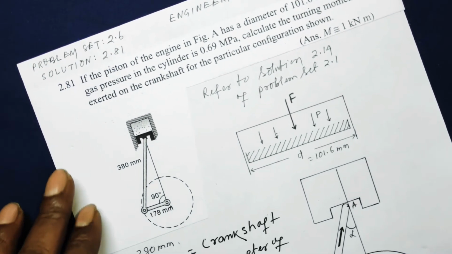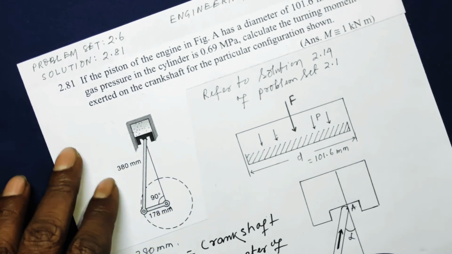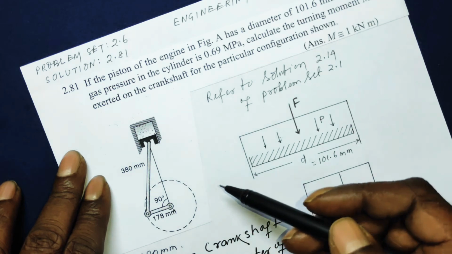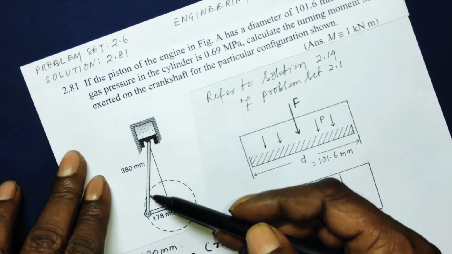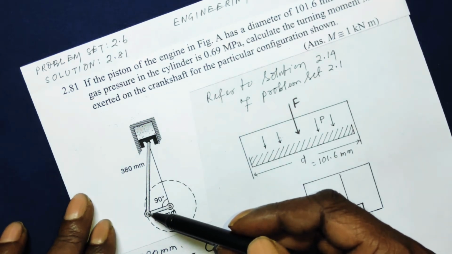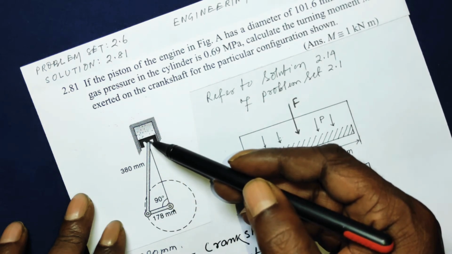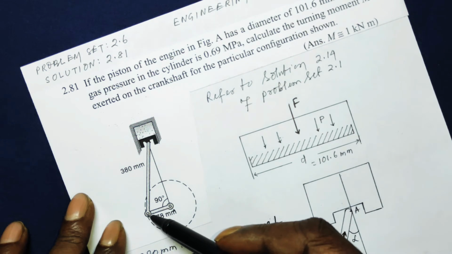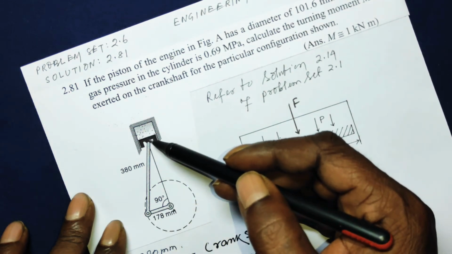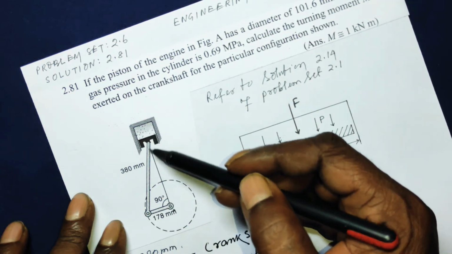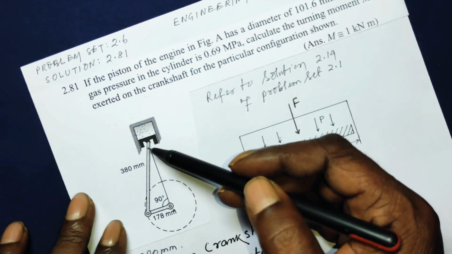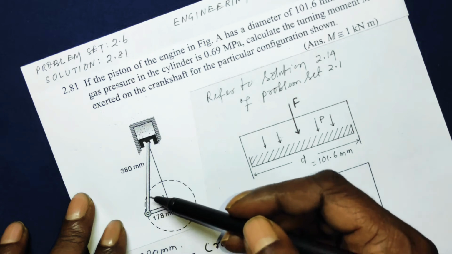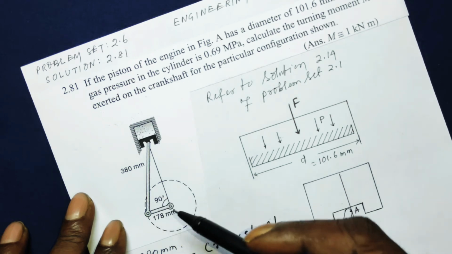As you can well see in the diagram, the picture given in the book, here is a piston. This is the connecting rod connecting with the piston, the movable piston. The piston moves up and down. And here is your crankshaft. As this piston moves up and down, some axial force is developed in this connecting rod and is transmitted to this point.